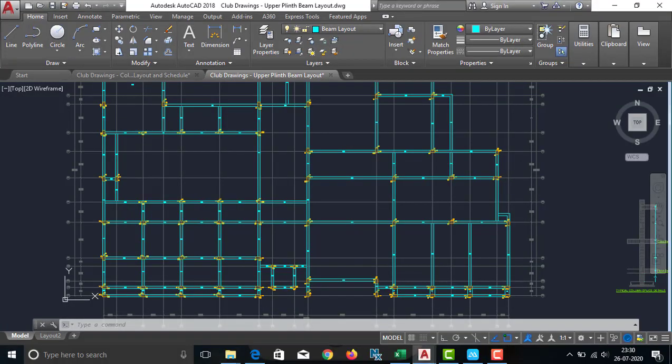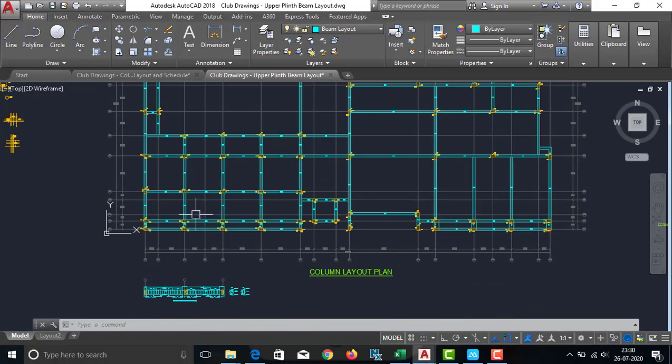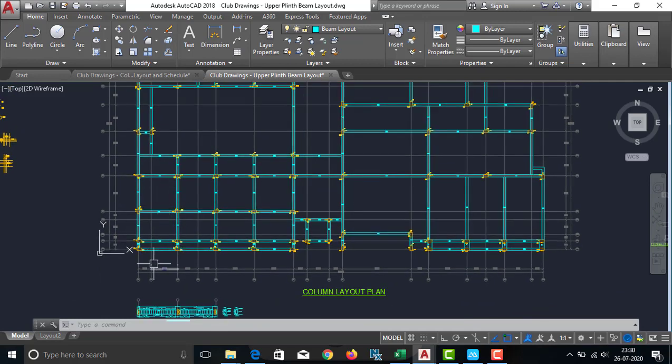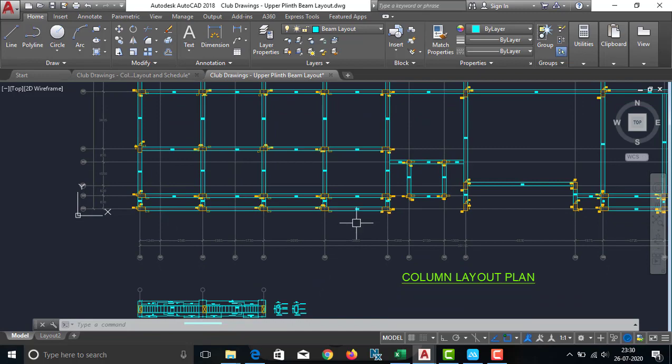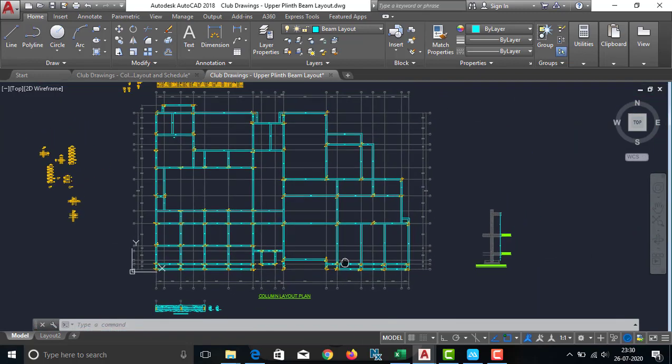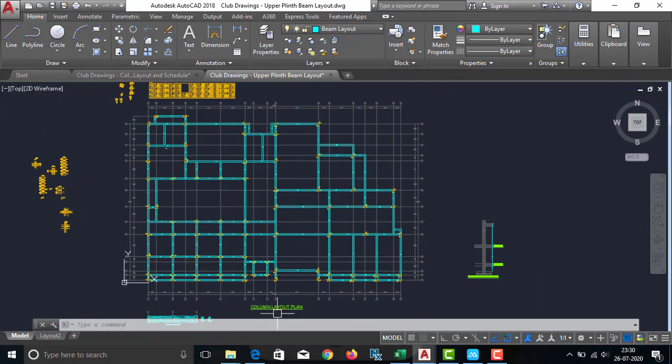Okay guys, this is one of our real-time project drawings, that is a club. So the drawing which you will receive at site will look like this.